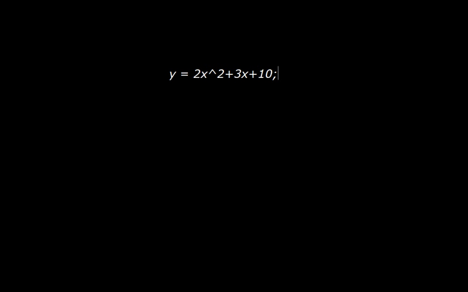So you can see y is the dependent variable and x is the independent variable. And I'm going to show you how to plot this graph in MATLAB. It's going to be very simple. So let us do it.